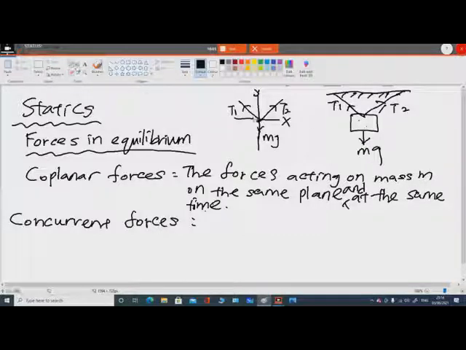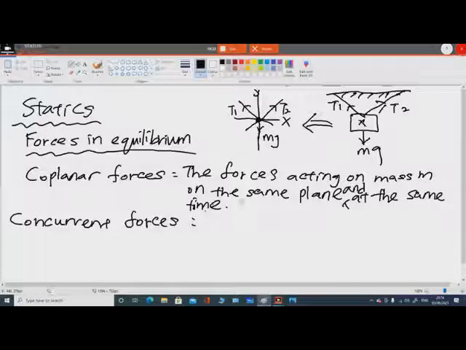So we know that this is the center of our object, and I represent it in this diagram. So this is the center of mass, and we can see that there is always an intersection point between these three forces. So this is what we call the concurrent force.